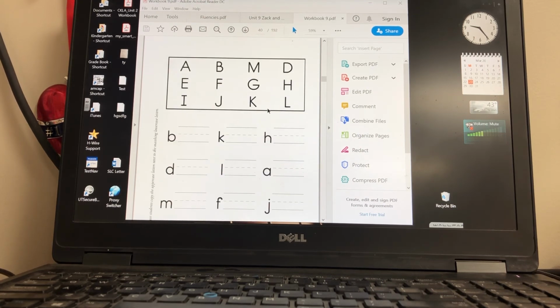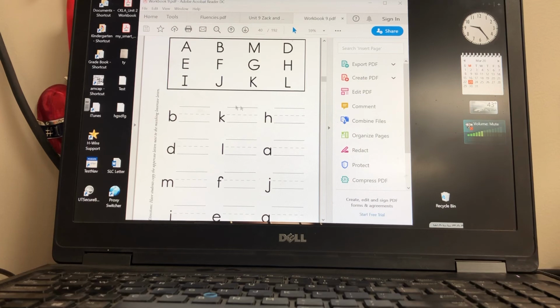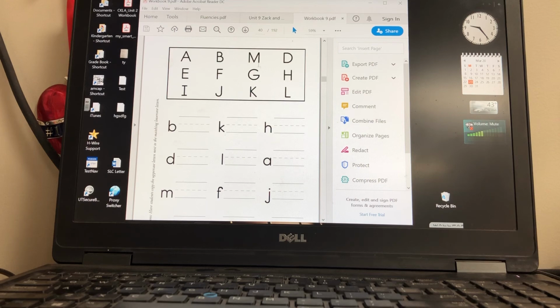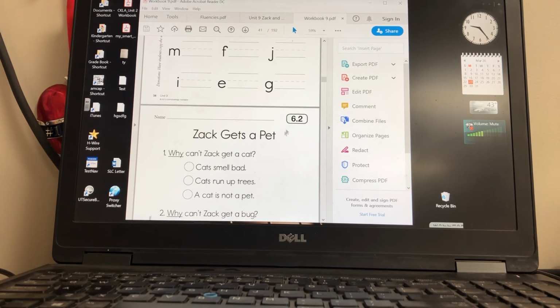And then there's stuff on the back, of course. Here they just want you to write the capital letter that goes with these lowercase letters. Be careful with this one and this one. Make sure that you get the right ones. And it's not all of the letters, but a lot of them that we've learned so far, all the way up to M. Okay, and then you're going to do 6.2.